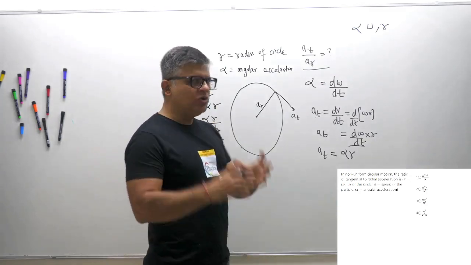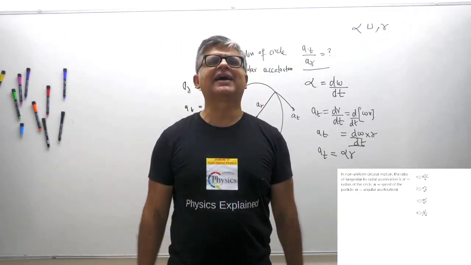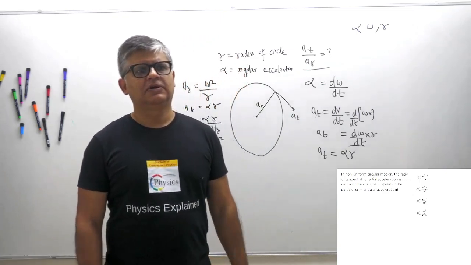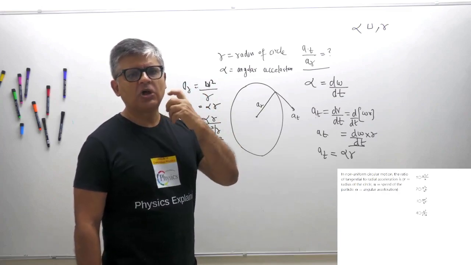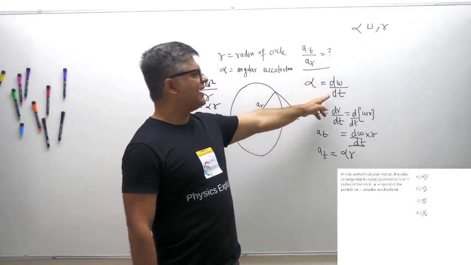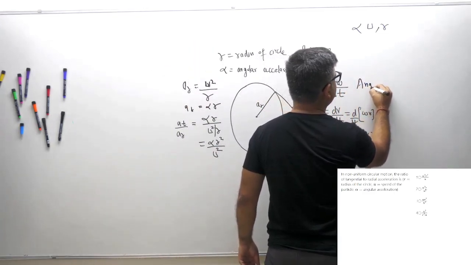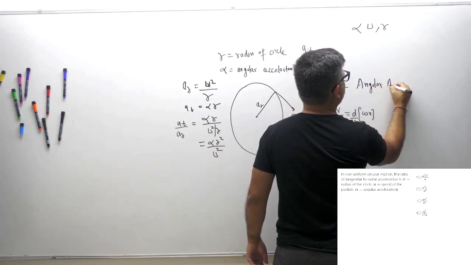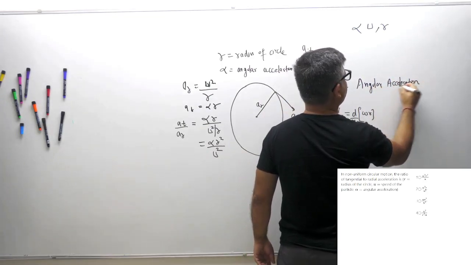Uniform circular motion has only radial acceleration. So tangential acceleration is a characteristic of non-uniform circular motion, right? Alpha is the rate of change of omega, this is angular acceleration.